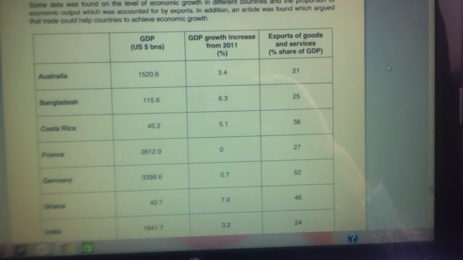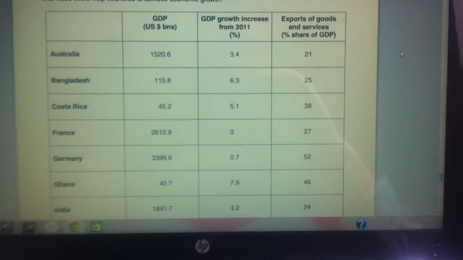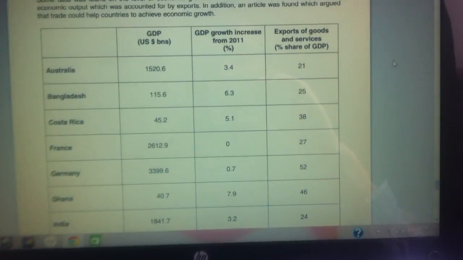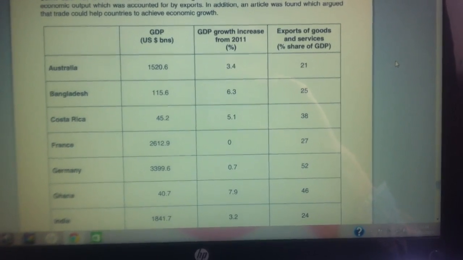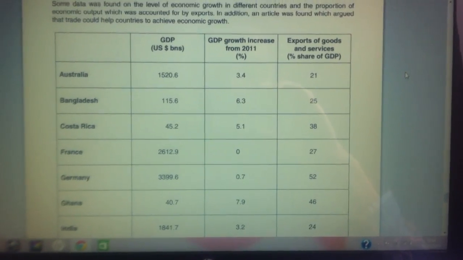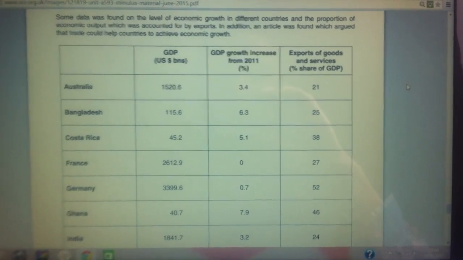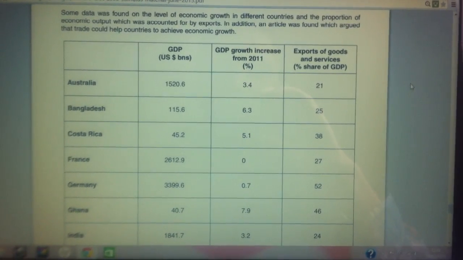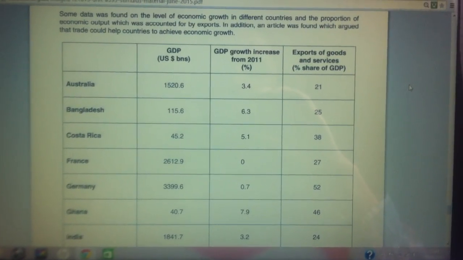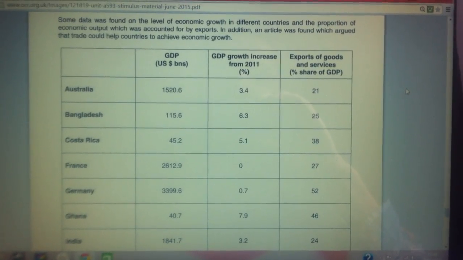Now if you take those top three, Ghana, what proportion of that growth was accounted for by its exports? 46%, pretty substantial. Bangladesh, 25%. Costa Rica, 38%. So knocking on the door of 2/5, basically. So it is interesting that these developing nations are quite heavily reliant upon exports for growth.